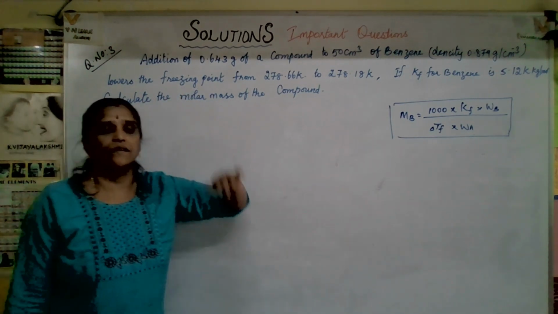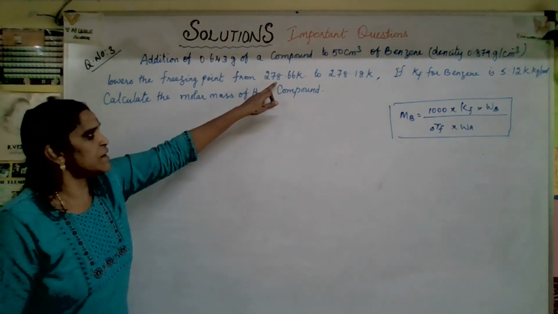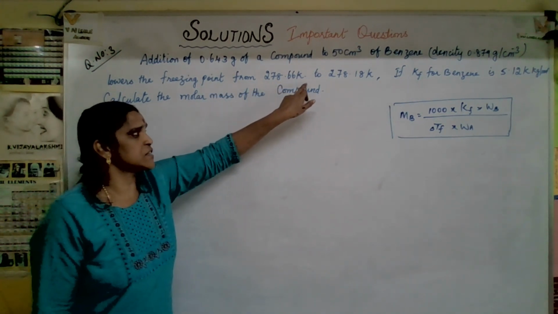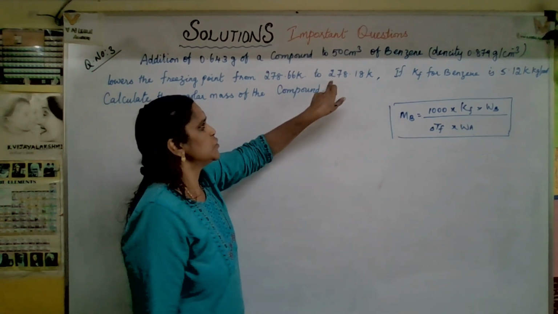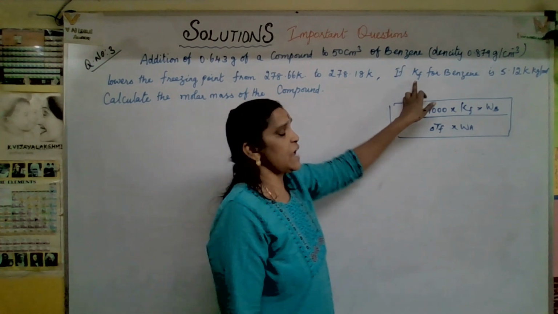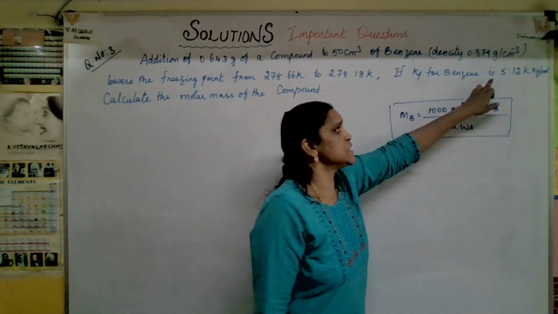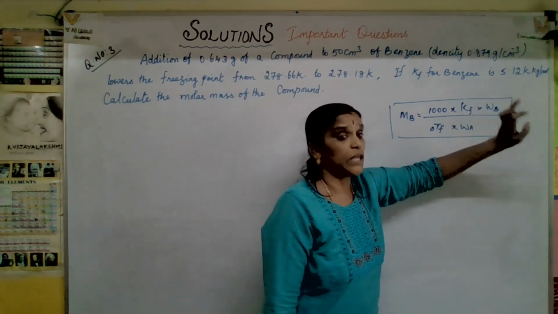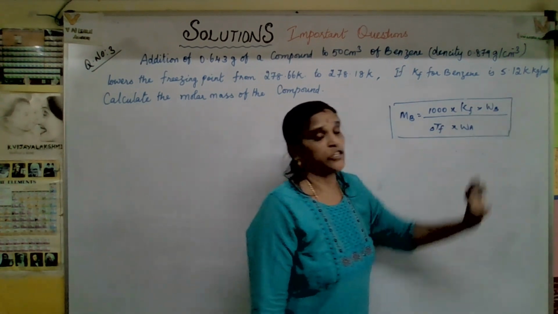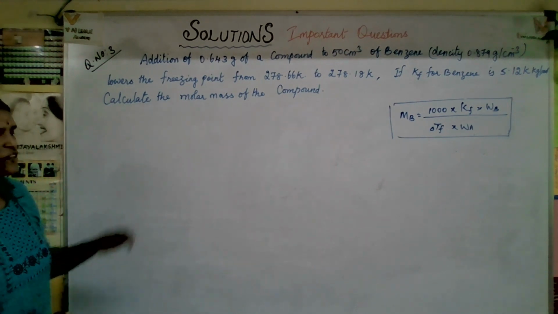That means reducing the temperature from 278.662 K to 278.18 K. If KF, because this is a freezing point, no? If KF for benzene is 5.12 kg per mole. Calculate the molar mass of the compound.